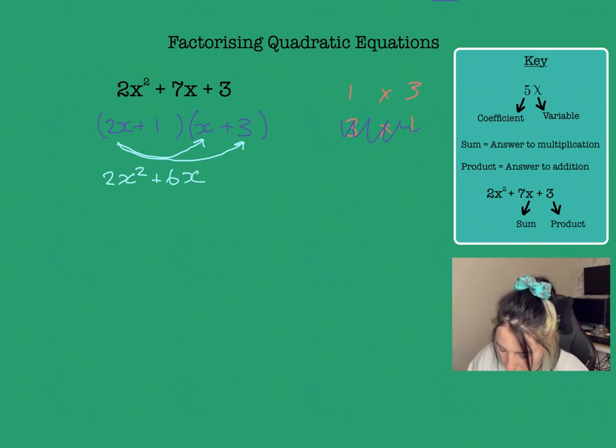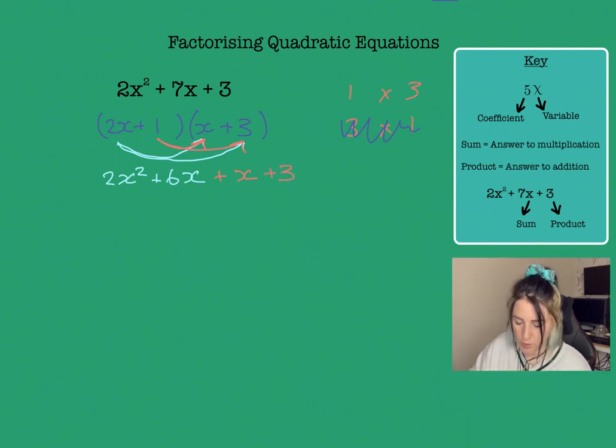Then we've got 1 multiplied by x, which is going to give us 1x, so we would just write x. And then we've got 1 multiplied by 3, which is going to give us 3. Now we're going to group everything together, bring it back down and see if our equation matches our first one.